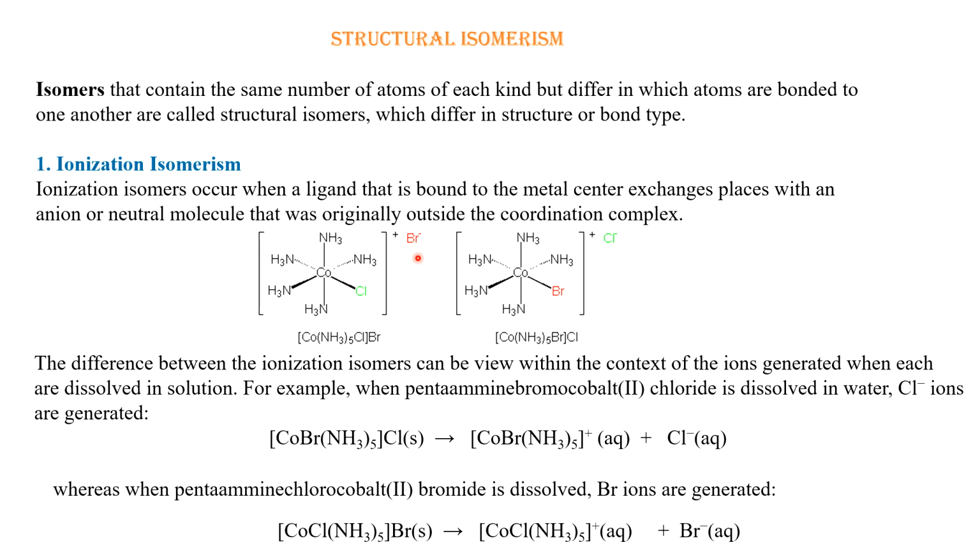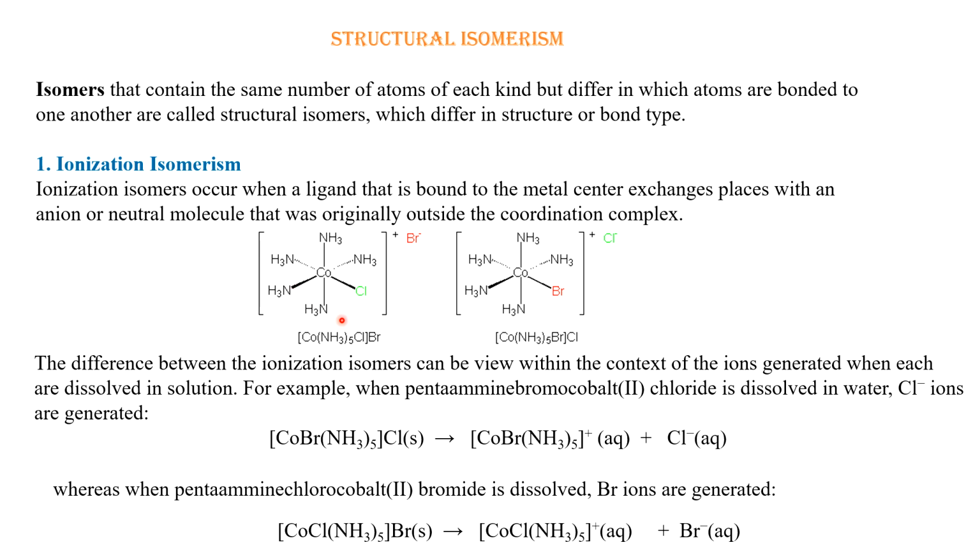So when we dissolve it in water, we get these ions separately, but will not get the chloride ions or ammonia separately. When we dissolve this complex in water, we get chloride ion, not bromide ion. But in this case, we get bromide ion, but not chloride ion, when we do the test for bromide or chloride.